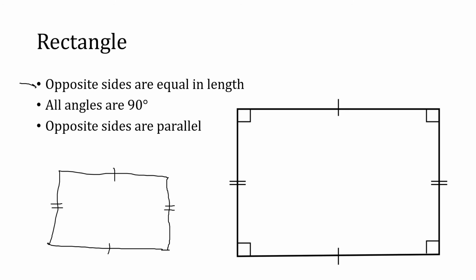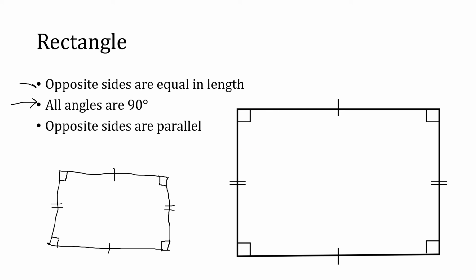The second part is all the angles have to be 90 degrees. Just like with the square, we can mark in the four angles like this. And there we go. Now we've communicated that all the angles are supposed to be 90 degrees. The last one is that opposite sides need to be parallel. Once again, with all four angles being 90 degrees, that's actually taken care of for us.